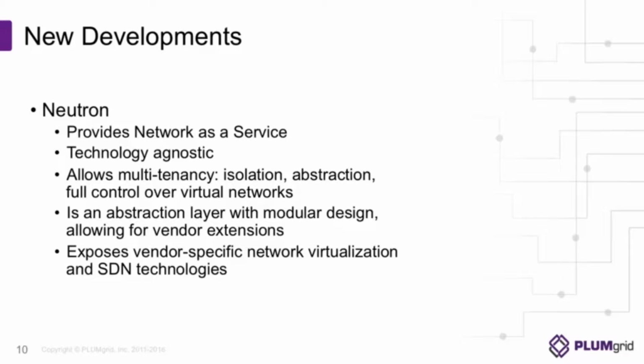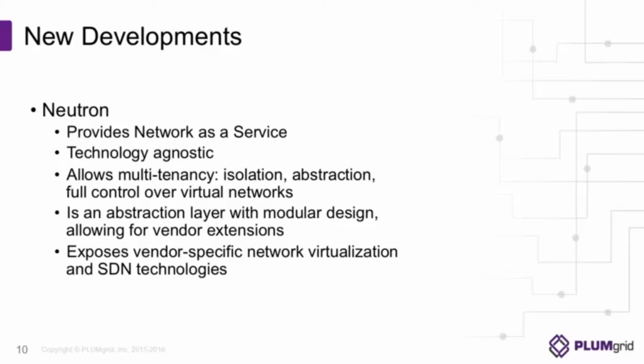Some of the characteristics of Neutron are that it provides a network as a service. That is, it allows both operators and tenants in your cloud to orchestrate their network topologies.